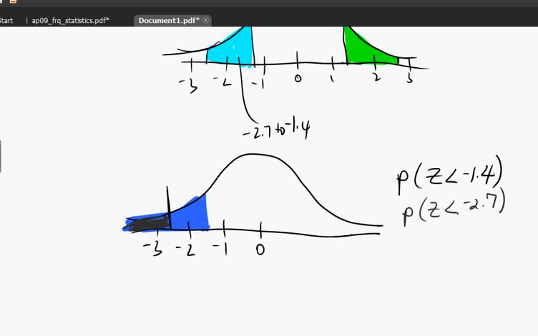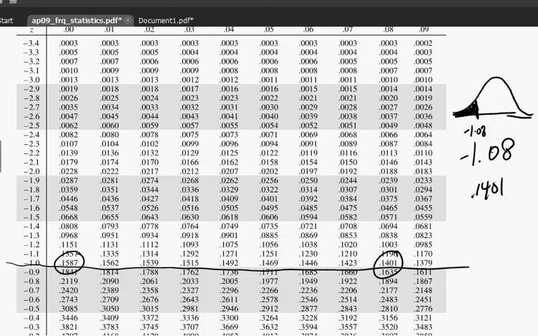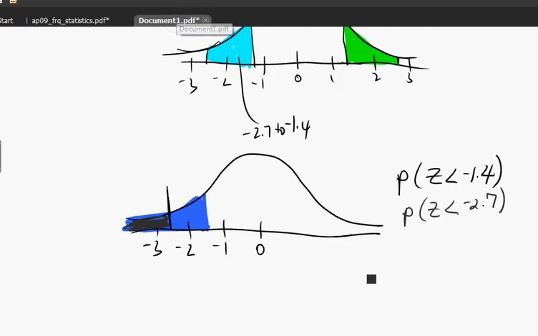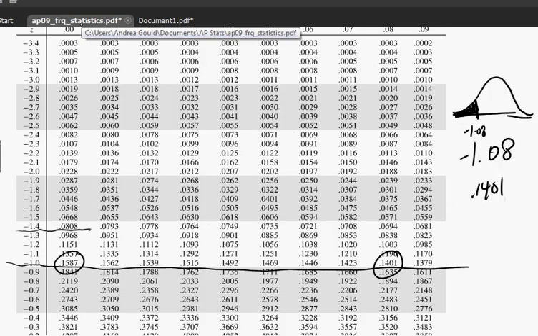Okay, so let me look in my table and find negative 1.4. Negative 1.40 is 0.0808. And then negative 2.70 is 0.0035.